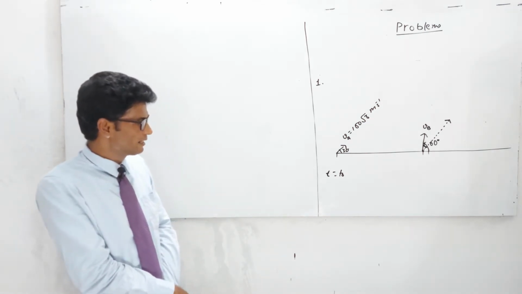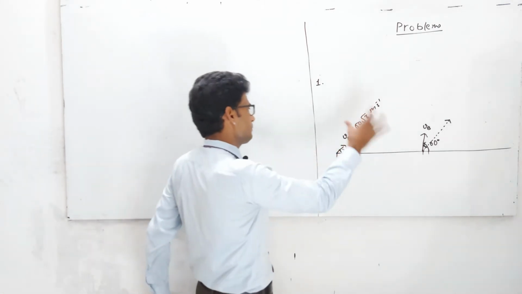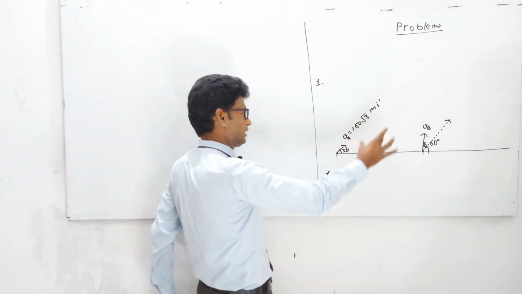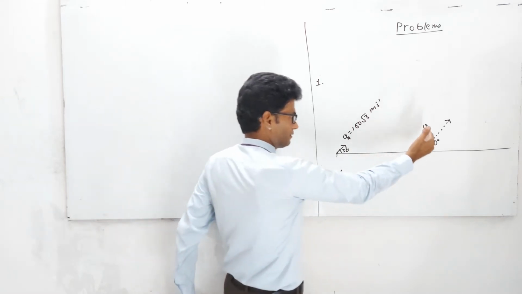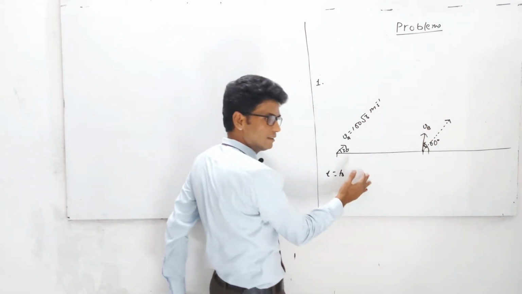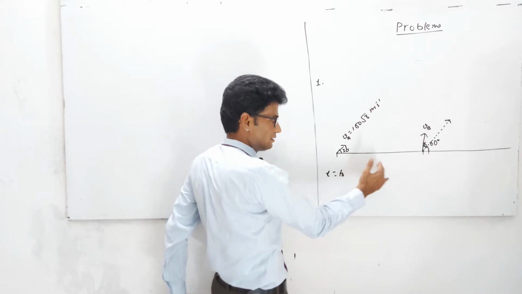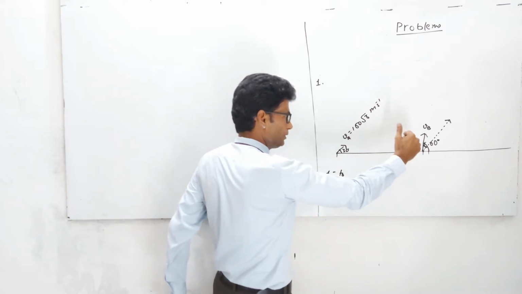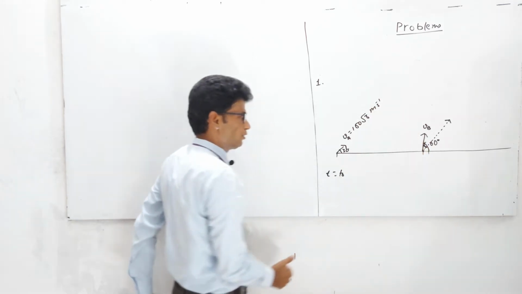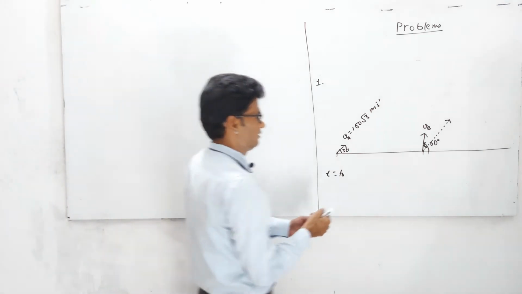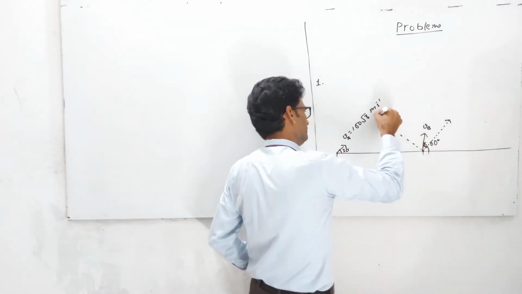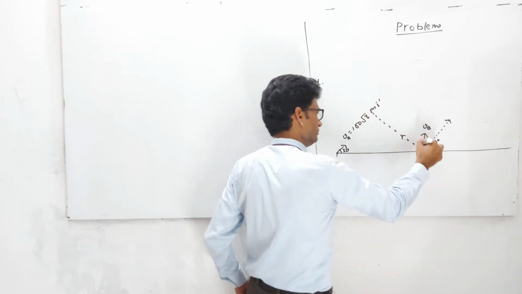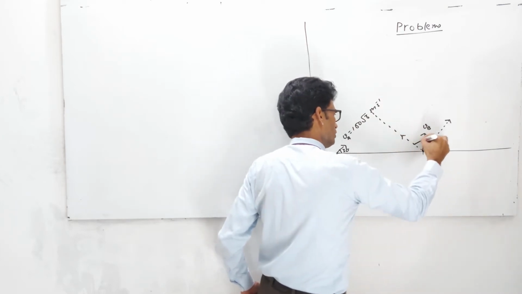Because one of the passengers of the aeroplane A sees that the aeroplane B is moving perpendicular to the line of motion of A. So here, line of motion of A.